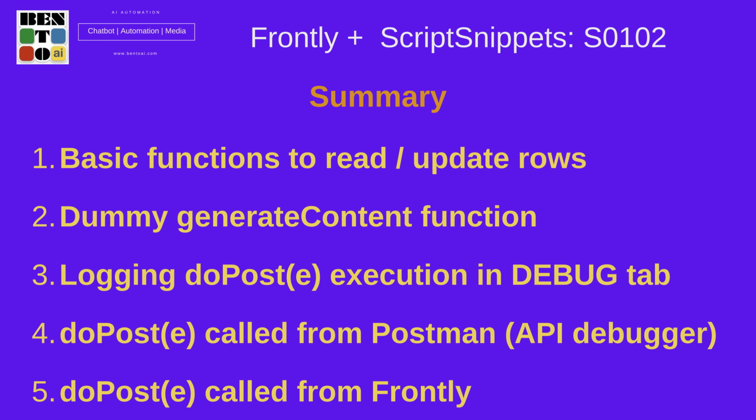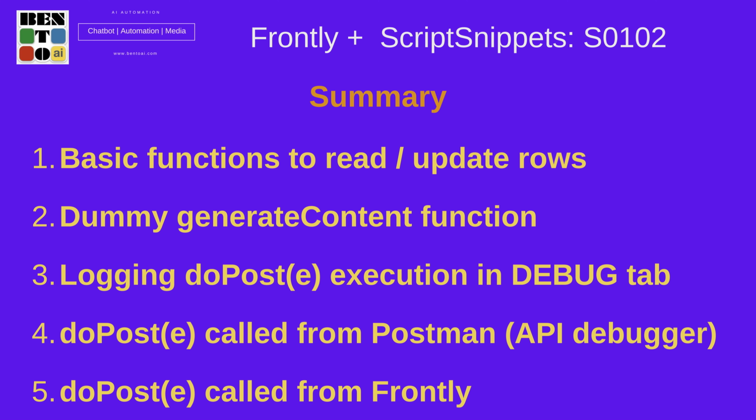Apps Script and Frontly together offer a robust platform for creating webhooks that allow for real-time data interactions. The journey begins with mastering the essential functions for manipulating data, akin to laying the groundwork for efficient data management. The generateContent function, although a placeholder, sets the stage for handling actual data influx in the future.